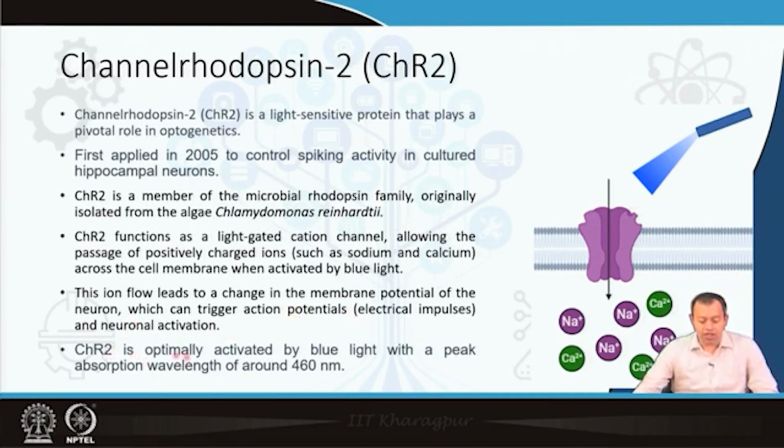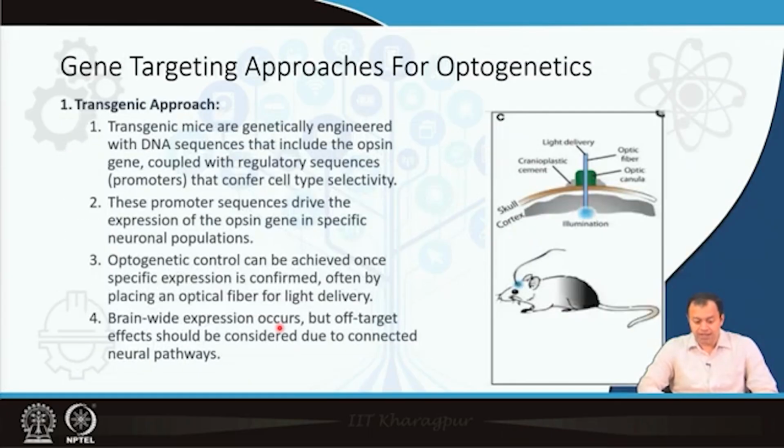CHR2 channel rhodopsin is optimally activated by blue light with a peak absorption wavelength of around 460 nanometer. So, by switching on and off, you can make this go inside or simply close it off, and thereby trigger action potentials or not trigger them, right.